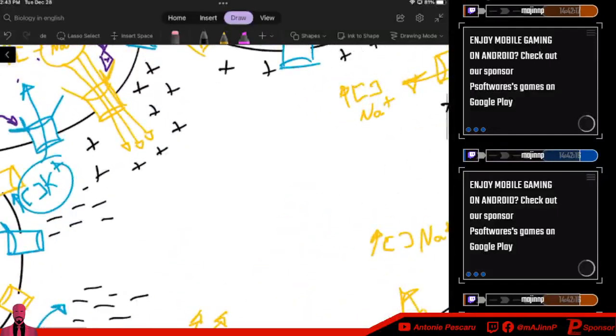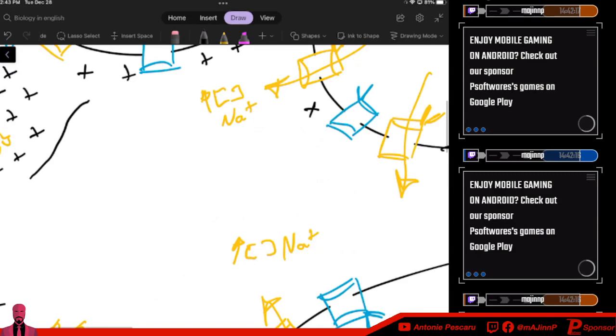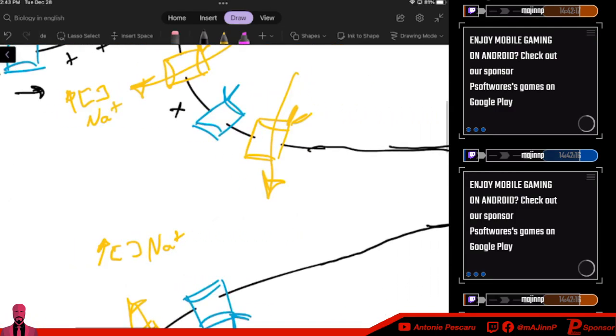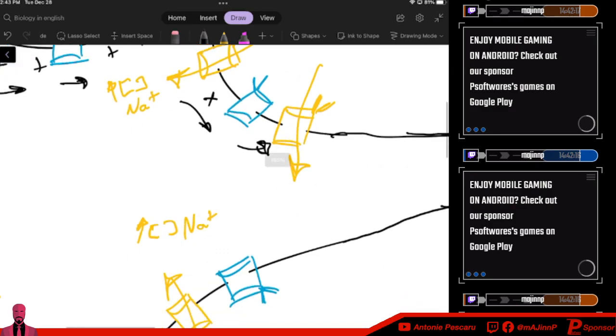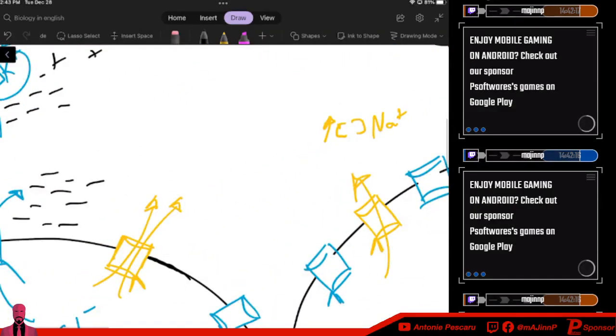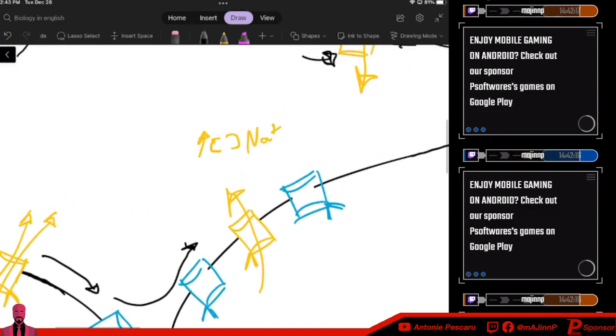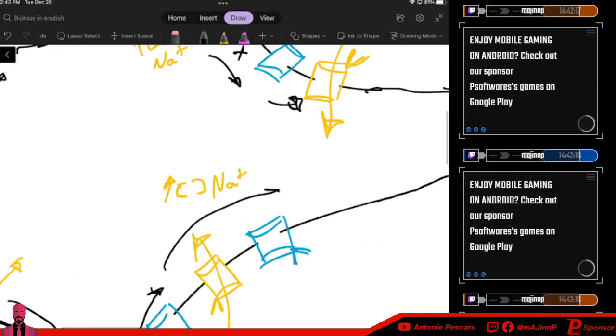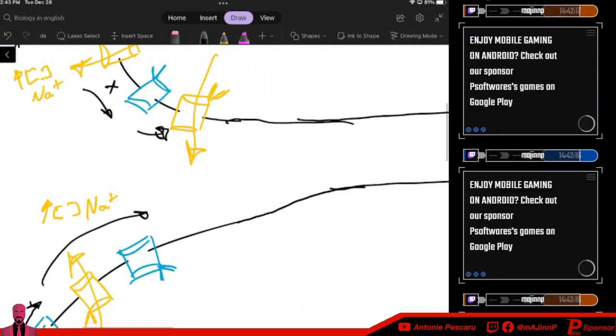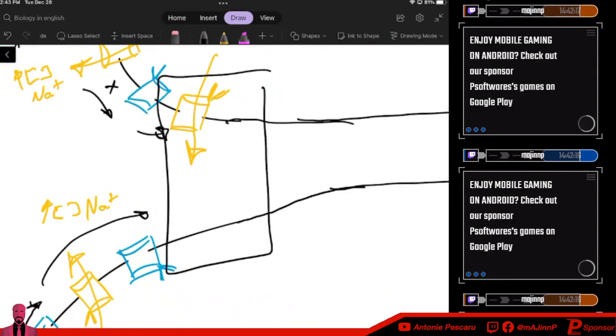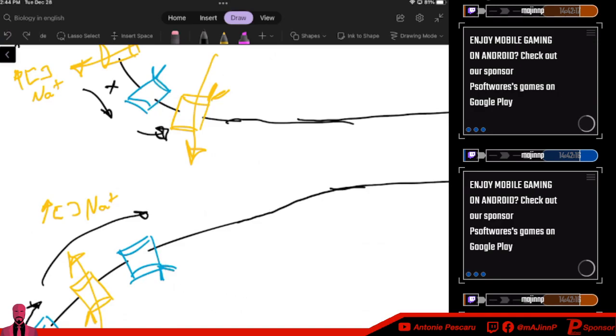Let's say it entered here. Well, that positivity is going to travel all the way to what we call the trigger zone. So this is going to travel all the way to this zone right here. Actually, I'm going to highlight it.